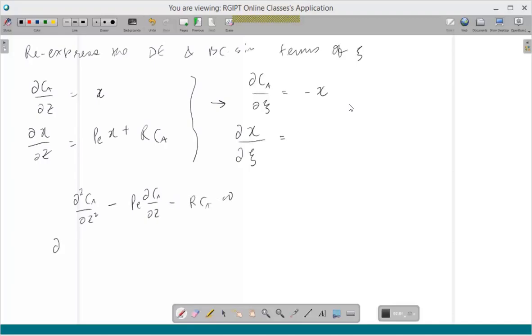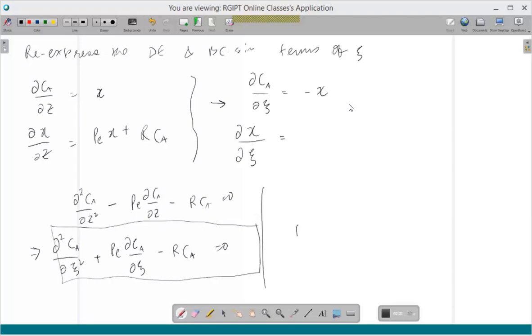This would turn out to be del square CA by del zeta square plus Peclet number del CA by del zeta minus RCA, that is equal to 0. So this would be your equation in terms of zeta now.